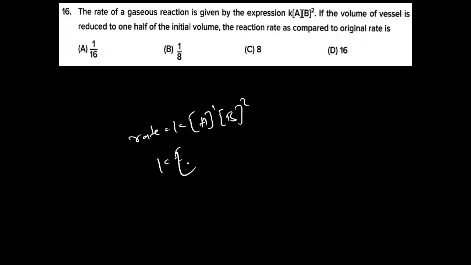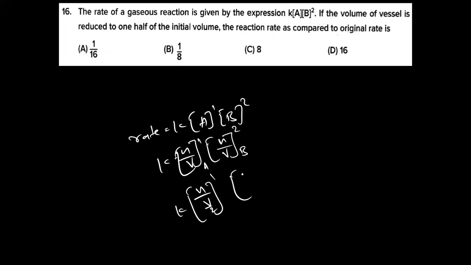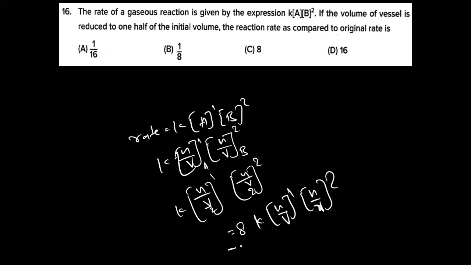And K into N by V to the power 1, with respect to concentration of reactant A, divided by N by V to the power 2, which is with respect to reactant B. K N by V by 2 to the power 1, N by V by 2 to the power 2. So on simplification, 8 K N by V to the power 1, N by V to the power 2. So 8 times increase. So that is option C.